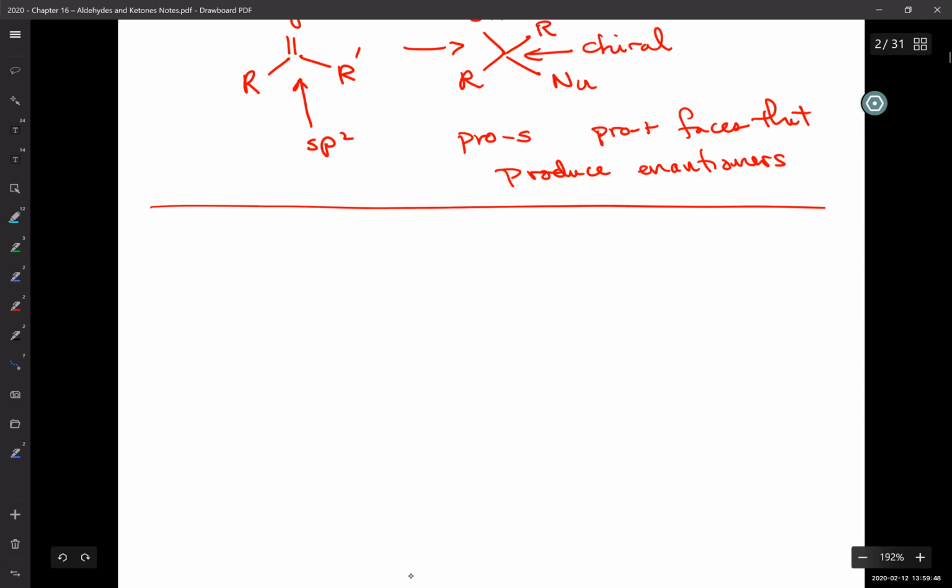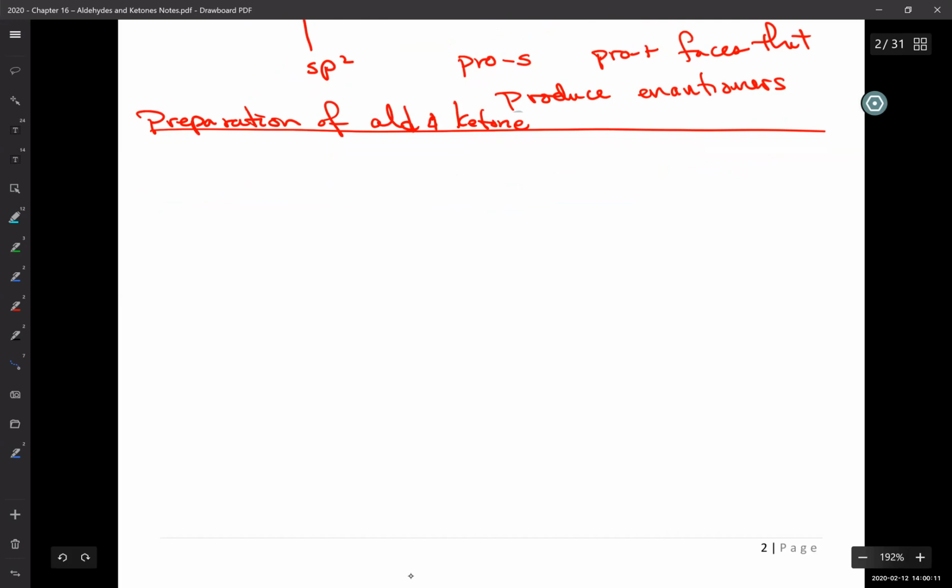And by the way, this would be under the category they usually call preparation of aldehydes and ketones. If you want to see other ways to do it, if you look that up, you'll find pages and pages of information. One way to do it is start from an alcohol.